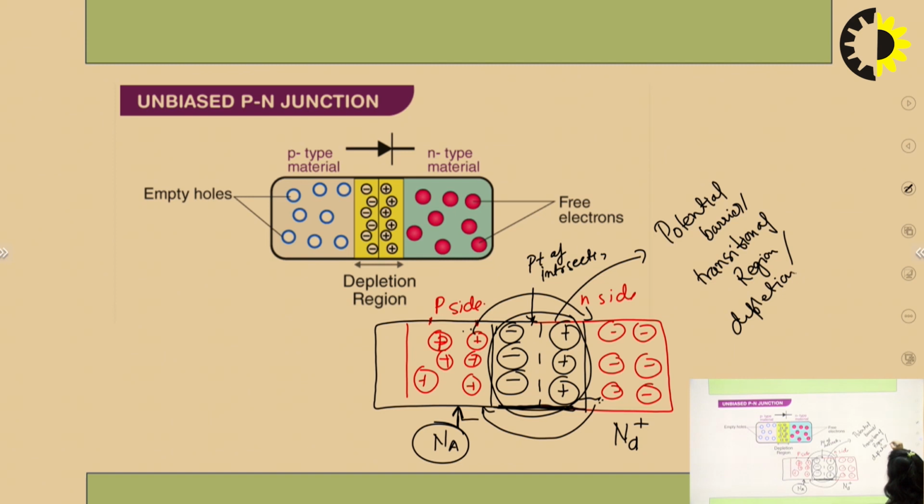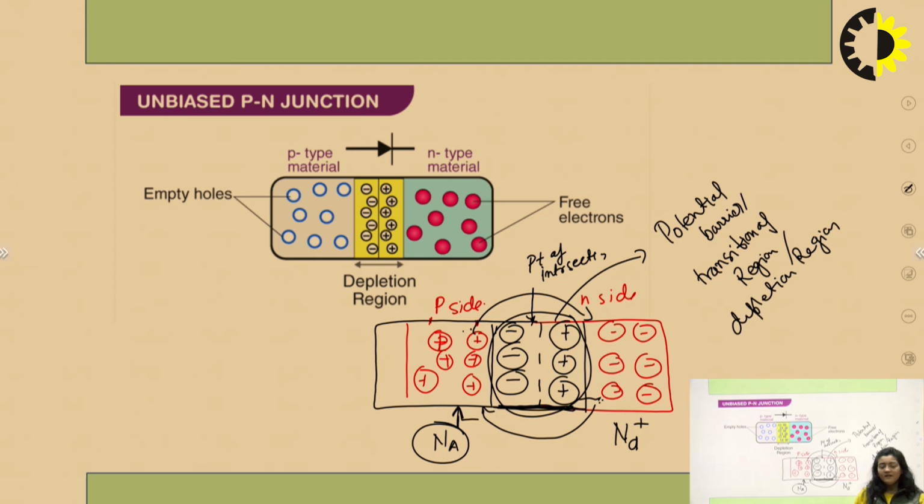There are so many names. So it can be called a potential barrier, a transition region, or a depletion region.